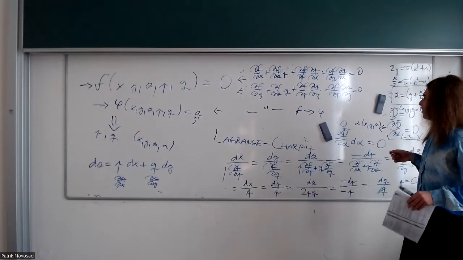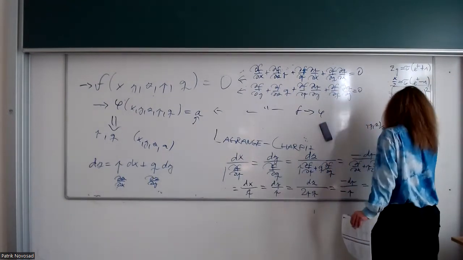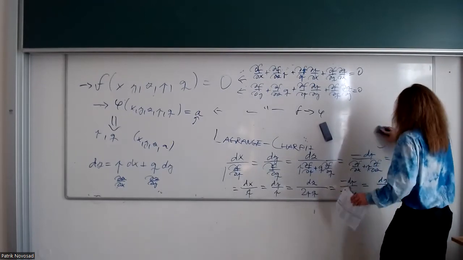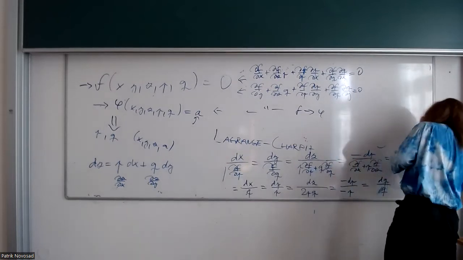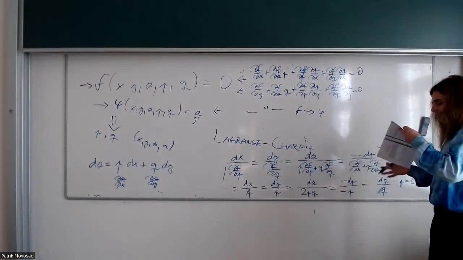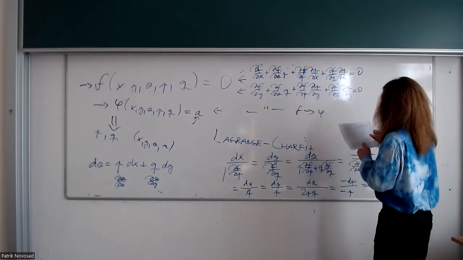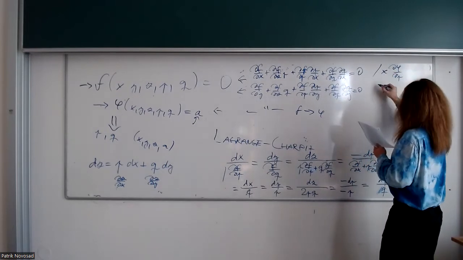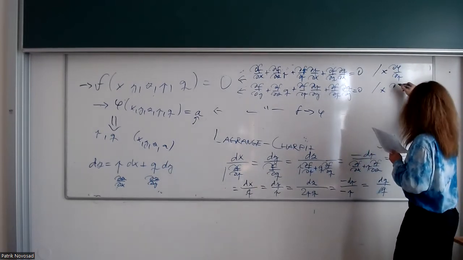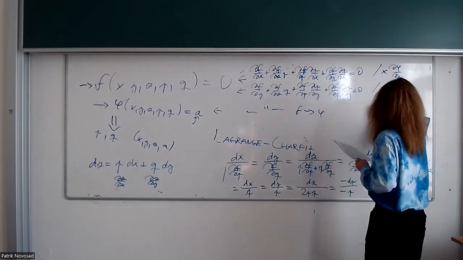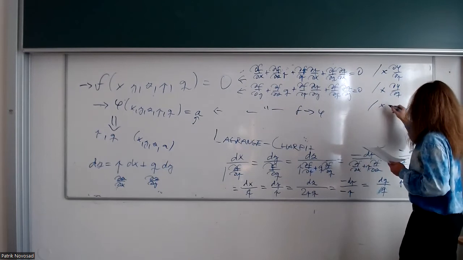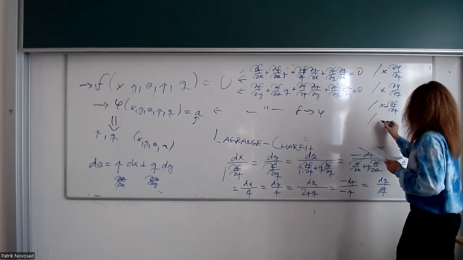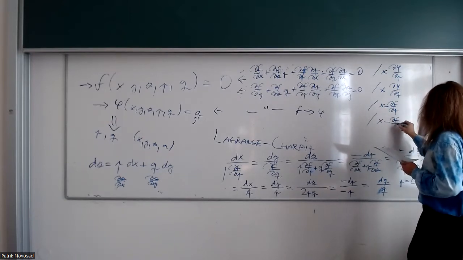So now I have four equations of such a kind, and I can do a little trick with them. I can just multiply the first by d phi dp, the second by d phi dq, the third by df dp with a minus sign, and the last one by df dq.